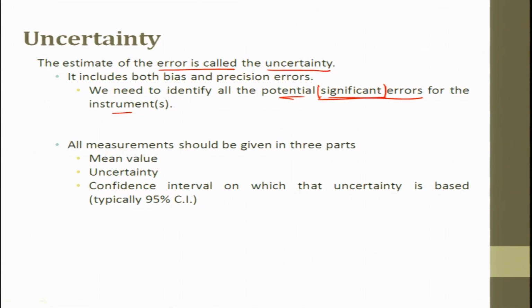What is significant? The literal meaning of significant is: does it have some influence? Is it having some effect? Is it bringing some change? Actually, is it significant or not? If the errors are significant, we need to work on that. If the errors are not significant, we might ignore that.